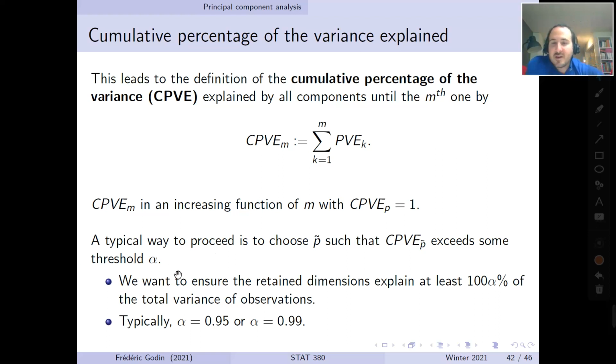So typically alpha is chosen either as 95% or 99% or something like that, and p tilde is often chosen such that the variance retained by the first p tilde predictors in the new data set is at least 100% times alpha. So if alpha is 95%, then this would be 95% of the total variance of observations.